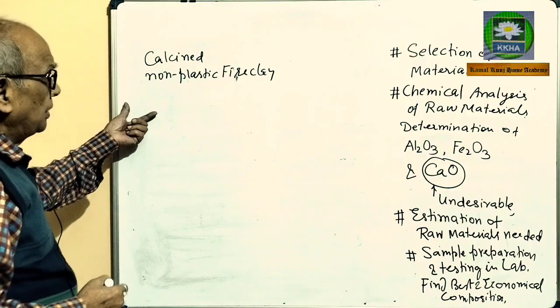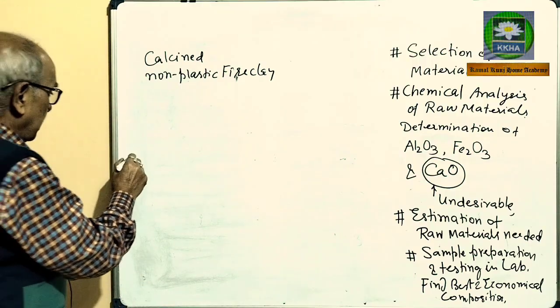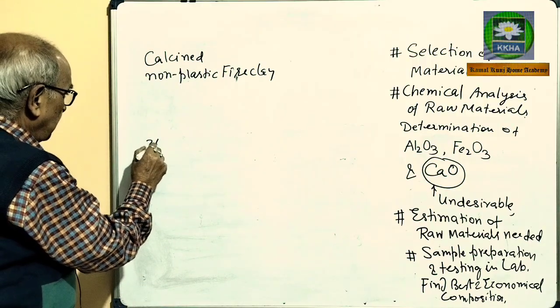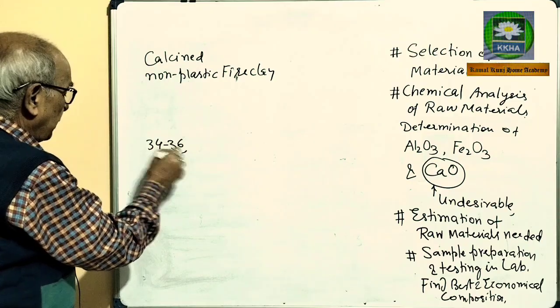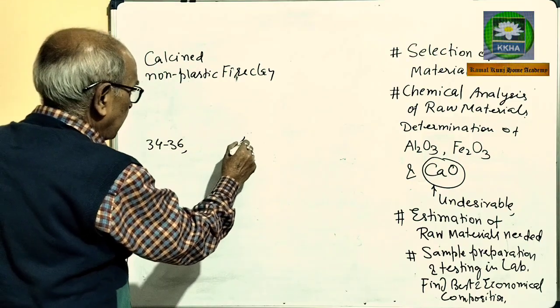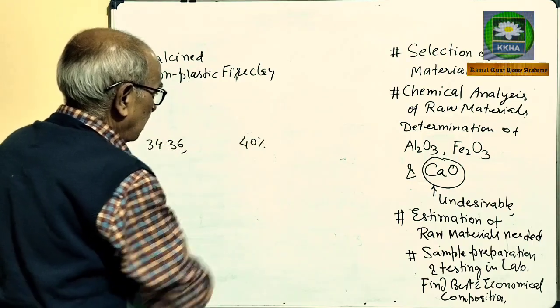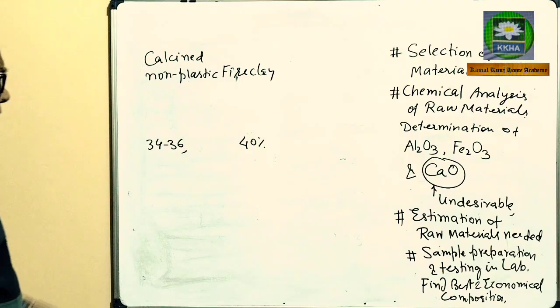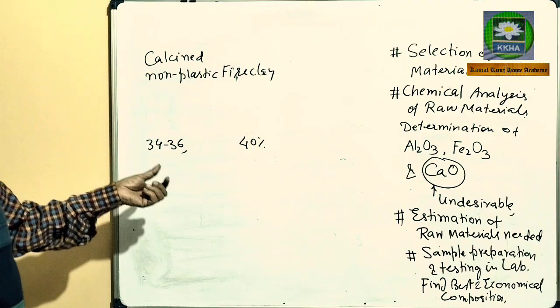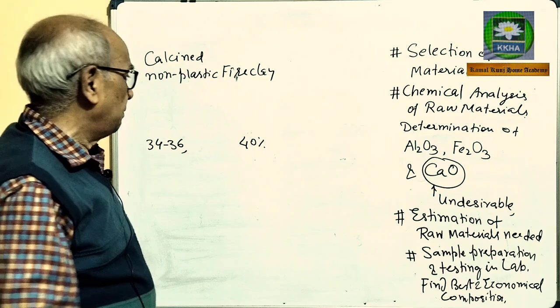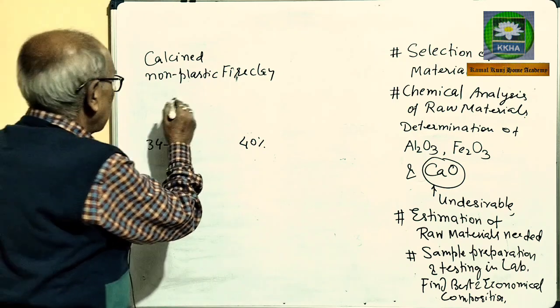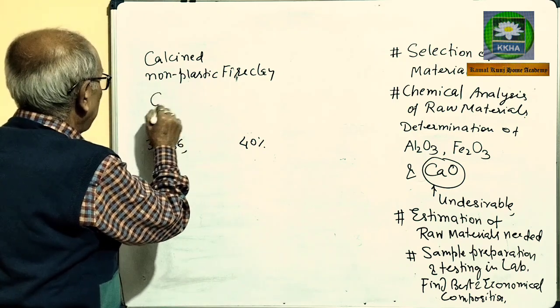In Fireclay, alumina percentage is around 34 to 36%, but you need 40% alumina in the composition. So some high alumina bearing materials are to be added. So let us take calcined bauxite.